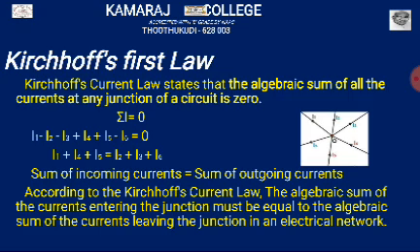Now we take all the negative terms to the right hand side, so they become positive. So I1 plus I4 plus I5 is equal to I2 plus I3 plus I6. So we can write it as the sum of incoming currents is equal to the sum of outgoing currents. So according to Kirchhoff's current law, the algebraic sum of the currents entering the junction must be equal to the algebraic sum of the currents leaving the junction in an electrical network.